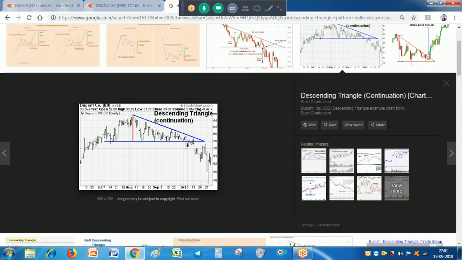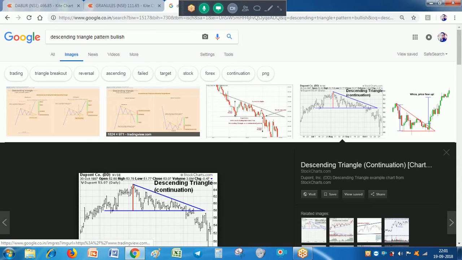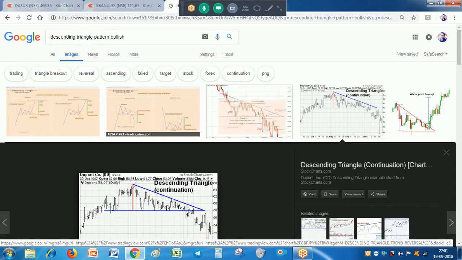The stock was already in an uptrend. It made this high, then a down move, and then here is a breakout.